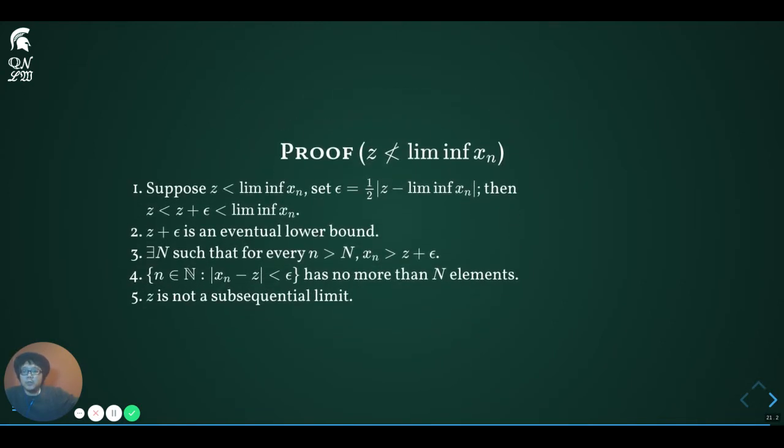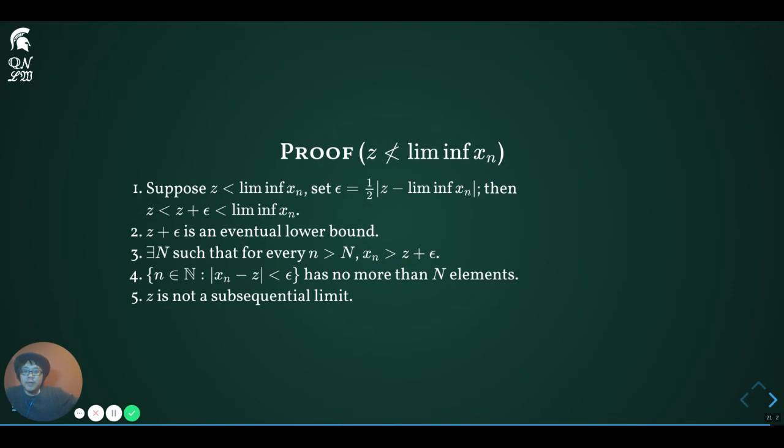I will just give the proof here showing that the subsequential limit cannot be less than liminf. You should try to write out the proof for z not being greater than limsup. What we will prove is that any z that is less than liminf cannot, in fact, be a subsequential limit.